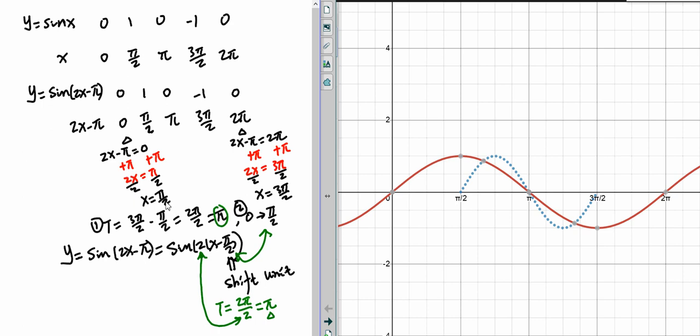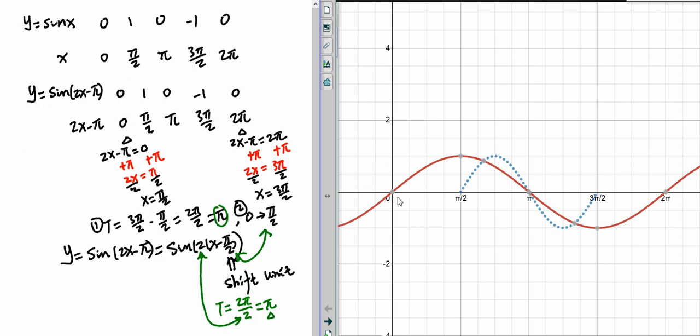That's indeed true. If we plug in pi over 2 here, 2 times pi over 2 is pi, minus pi is 0. So indeed, if we let x be pi over 2, we have the whole quantity 2x minus pi equal to 0, then sine 0 is 0.